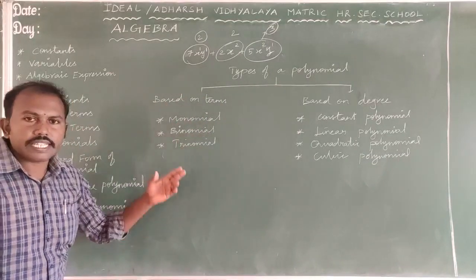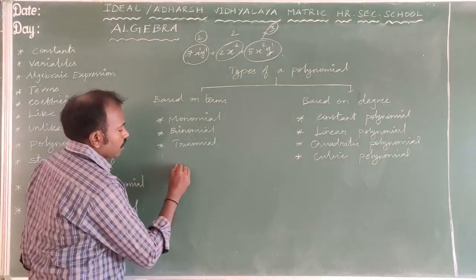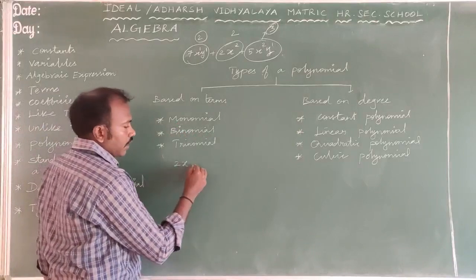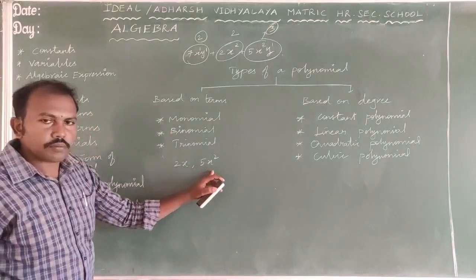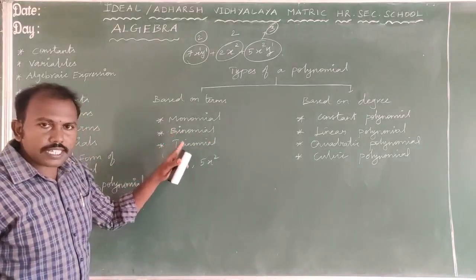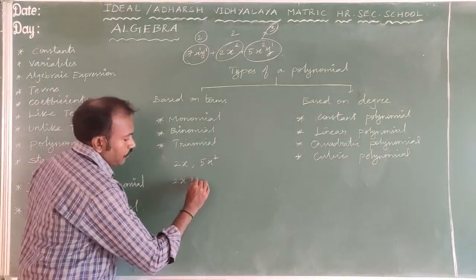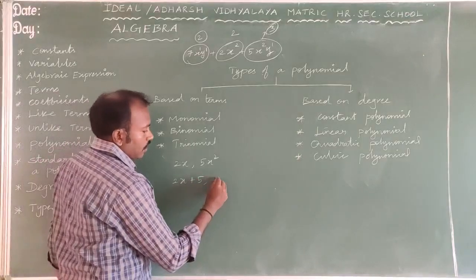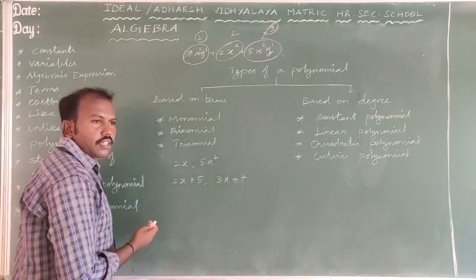First one, monomial. It contains only one term. It's called a monomial. That is 2x. Then 5x squared is also a monomial. Second one, binomial. It contains two terms. That is 2x plus 5, or 3x plus 7 or 3x minus 7, anyone.